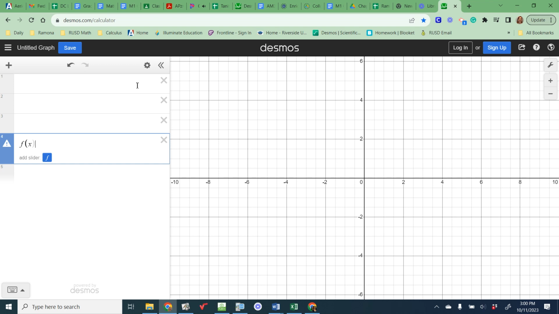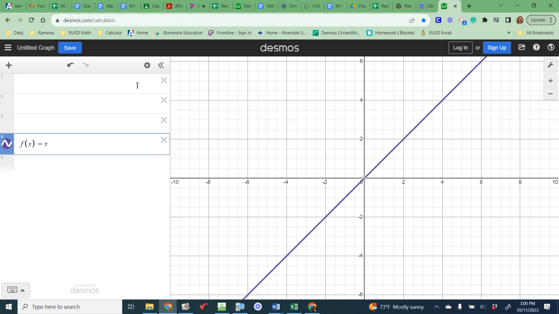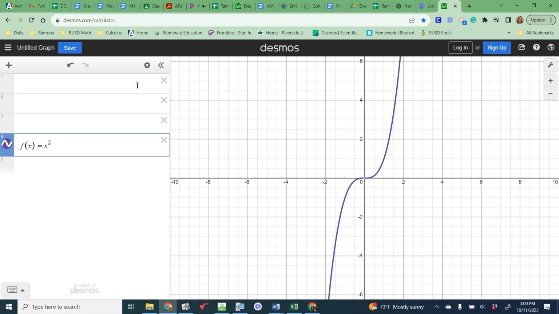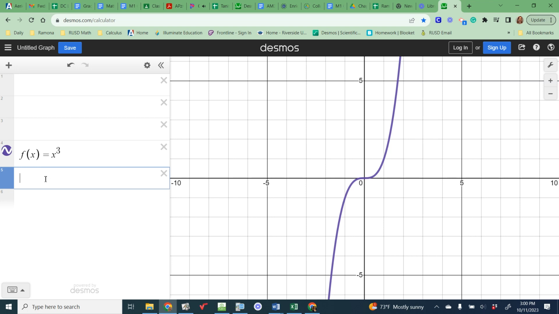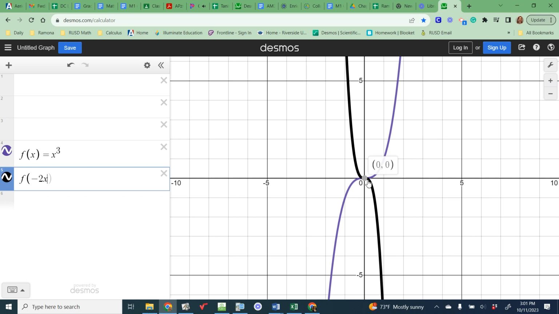I'm going to call it X, because there's things that happen with X squared because of the symmetry that we want. We're looking at that basic curve. So if I did F of -2, you can see what happened here is that it flipped over, and it's hard to tell what it looks like.